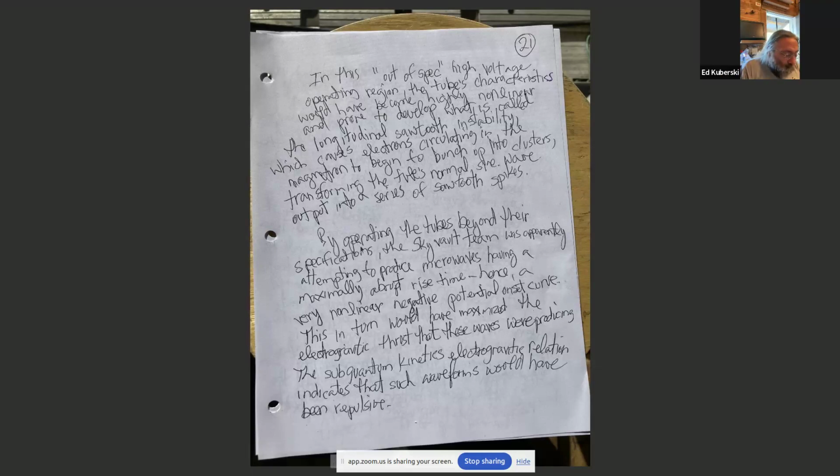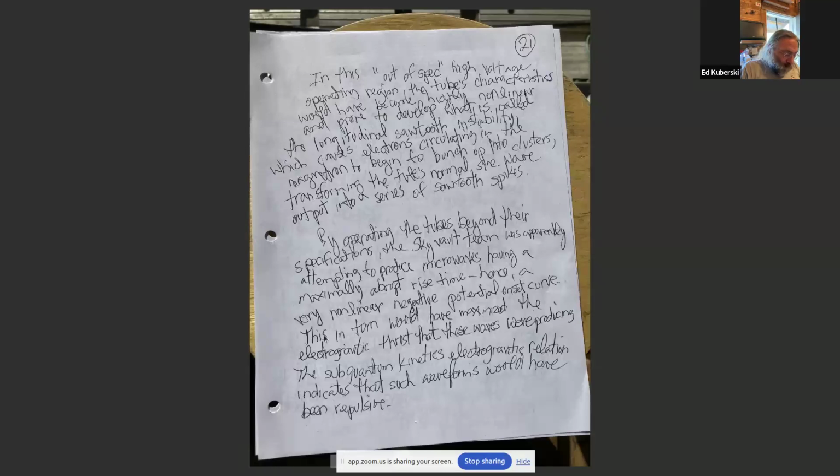By operating the tubes beyond their specifications, the Skyvolt team was apparently attempting to produce microwaves having a maximally abrupt rise time, hence a very nonlinear negative potential onset curve. Very important, negative potential.